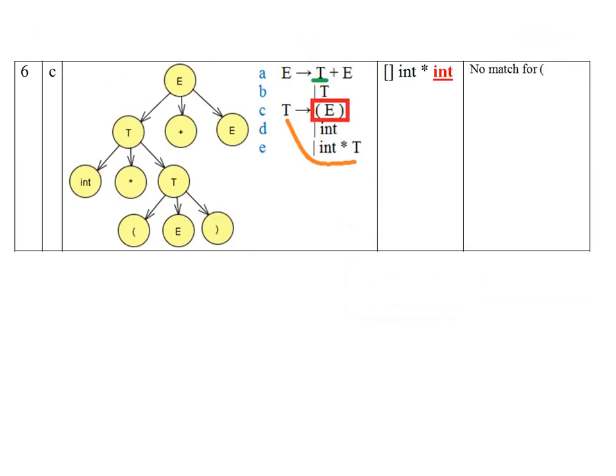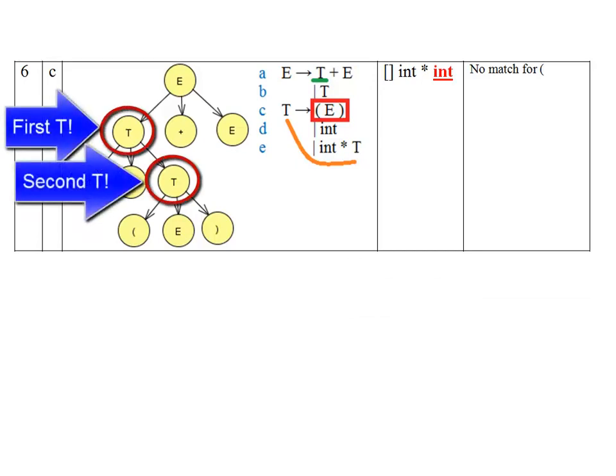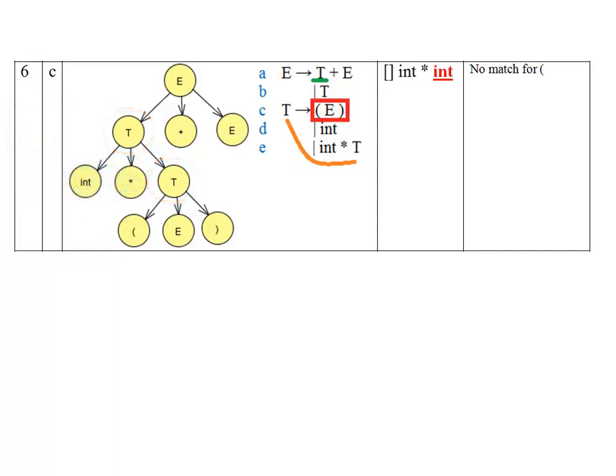In step 6, here we are back in T again for the second time in this recursive algorithm. And again, in T, we have to try every production. So you'll see T for the second time in the parse tree, and we're trying the first production on line C for T, and obviously that's no match, especially for the first parenthesis.